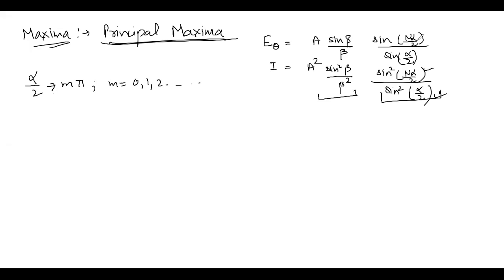So you have sine 0 upon 0, and here also you have sine 0 upon 0. If you take pi, again in that case also, sine pi multiplied by some number n will always be equal to 0, and your denominator is also going to be 0. So you have 0 upon 0, which is kind of an indeterminate quantity.